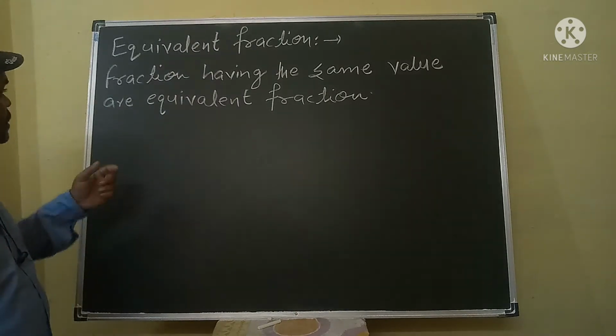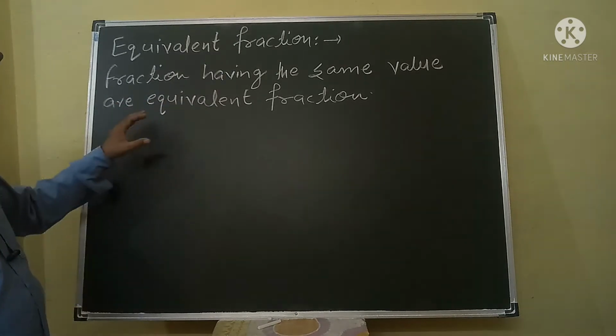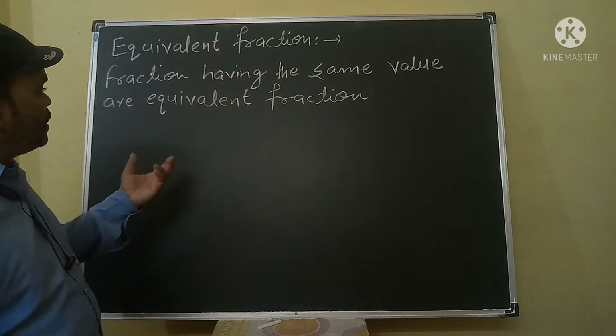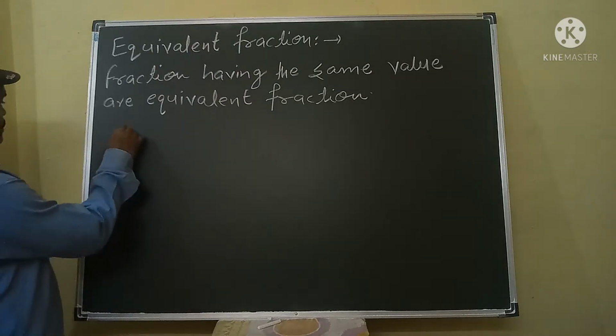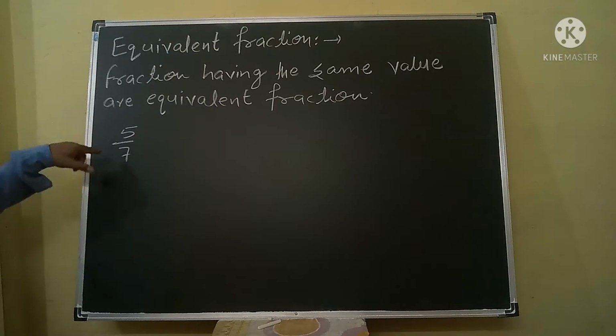But I have one question. How can you find the equivalent fraction? Now we will discuss one example. Suppose this is 5 upon 7. It is one fraction.